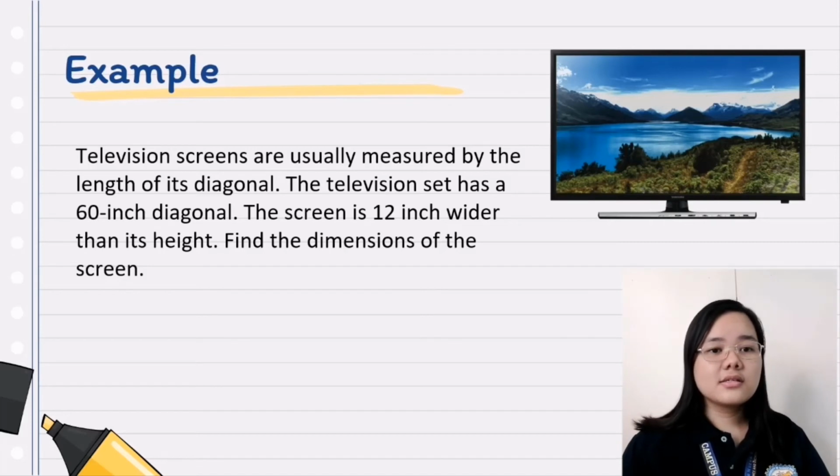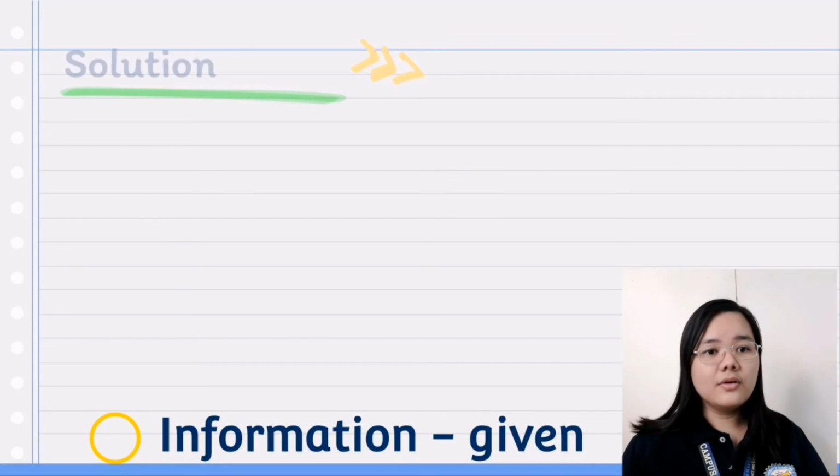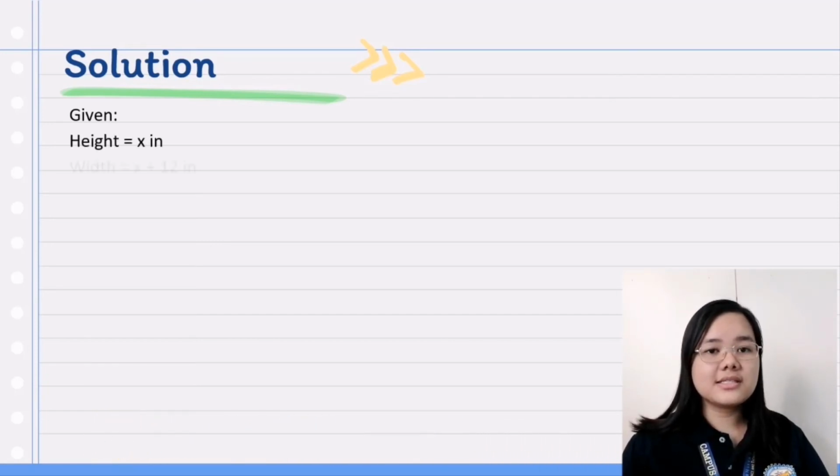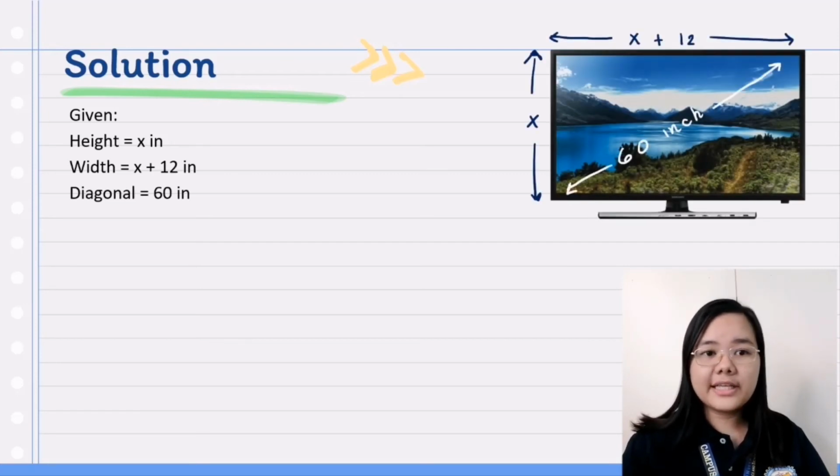Since height and width are not outwardly given, we can let x be the height and the width will be x plus 12 inches, since it says that the screen is 12 inches wider than its height. And the diagonal is already given, which is 60 inches. So we already have our given variables.